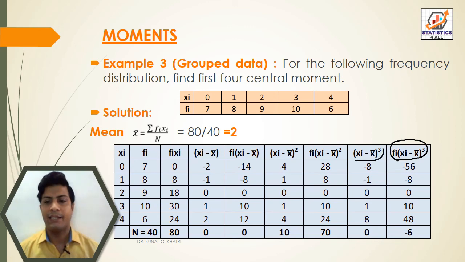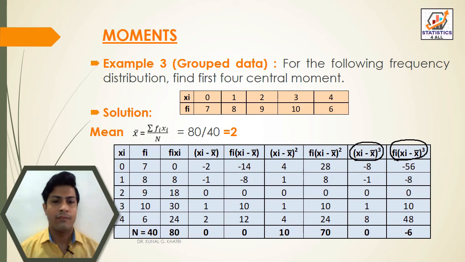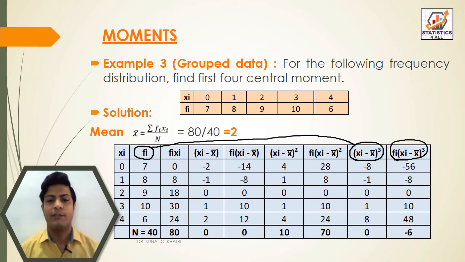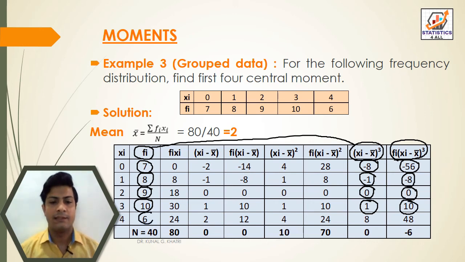So here (xi minus x bar) whole cube is multiplied by the frequency. 7 into minus 8 is equal to minus 56. 8 into minus 1 is equal to minus 8. 9 into 0 is equal to 0. 10 into 1 is equal to 10. 6 into 8 is equal to 48.